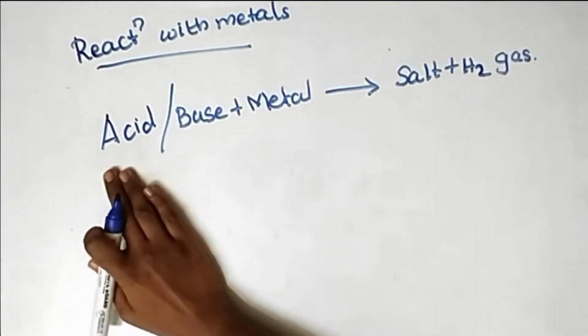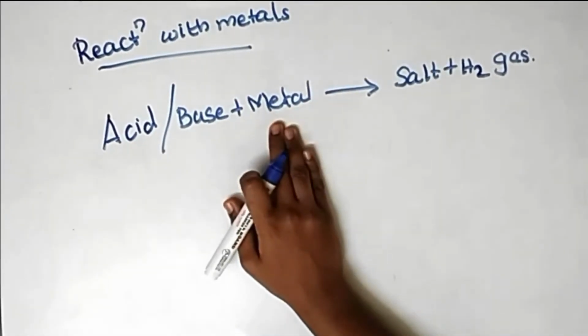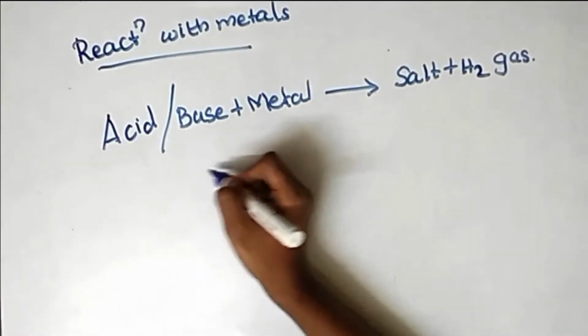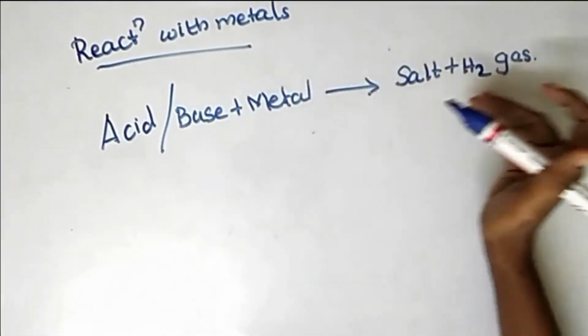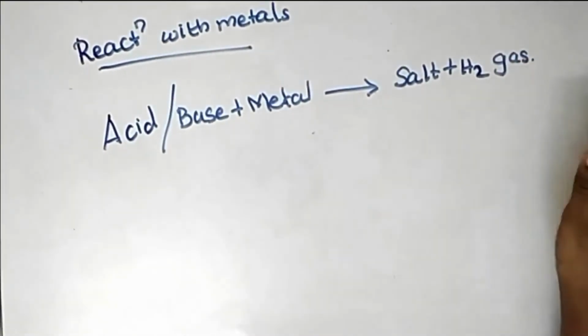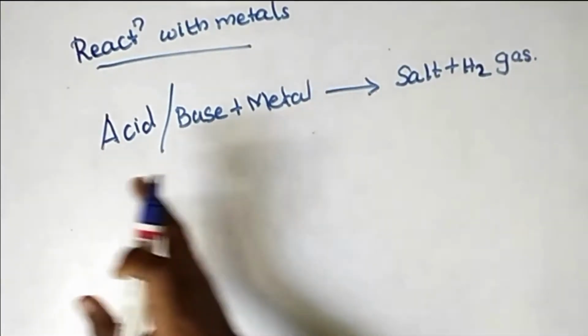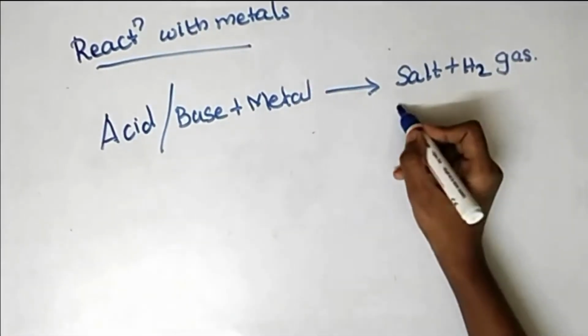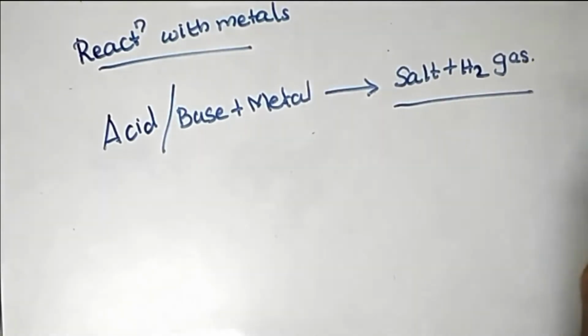That is, acid reacts with metals to give salt plus hydrogen gas. Similarly, the base also reacts with metals to give salt plus hydrogen gas. Keep this in mind, don't forget this basic equation. Acids and bases always react with metals to give only what? A salt and hydrogen gas.